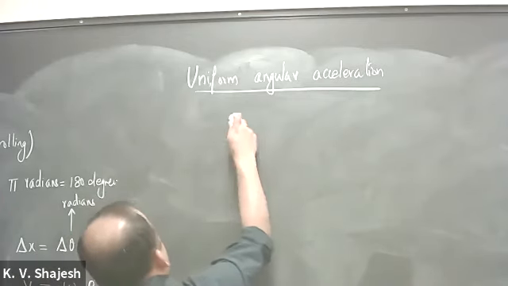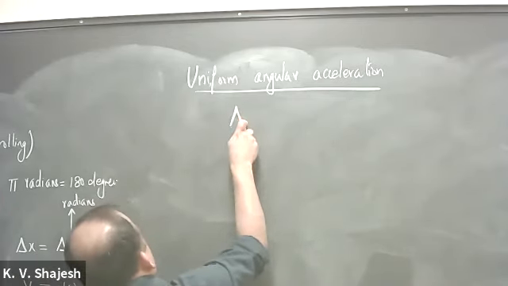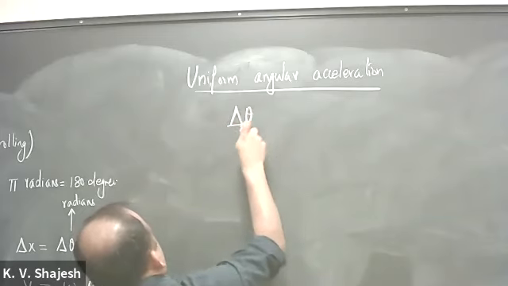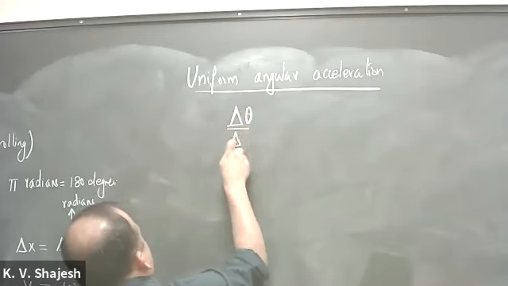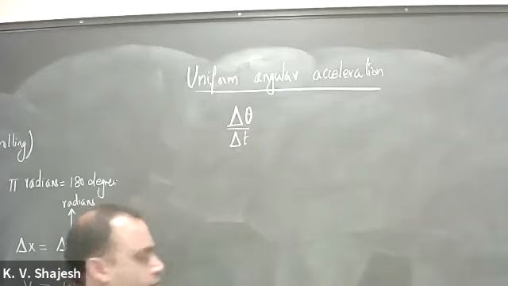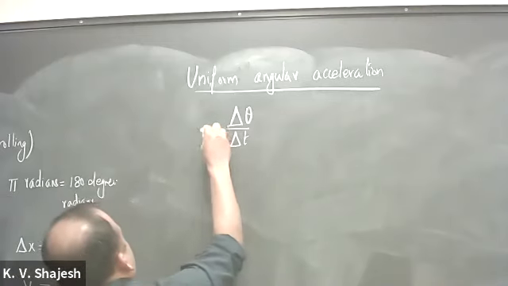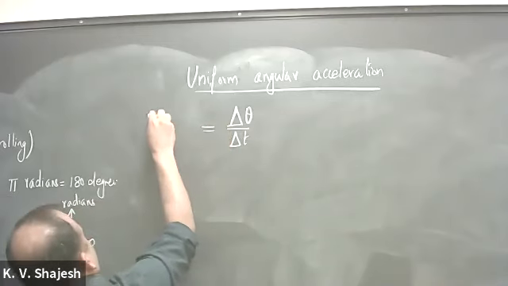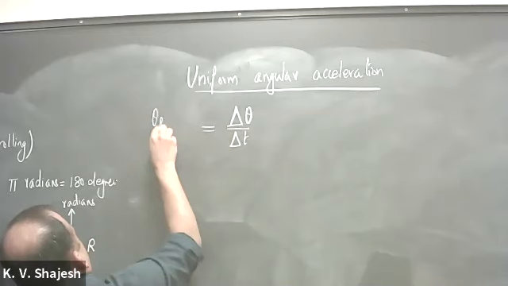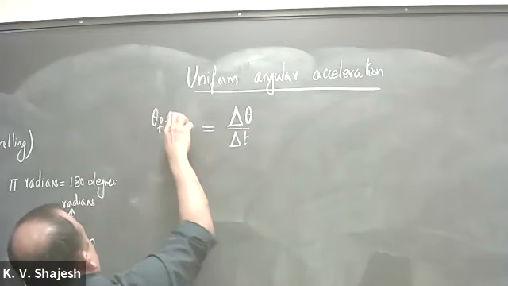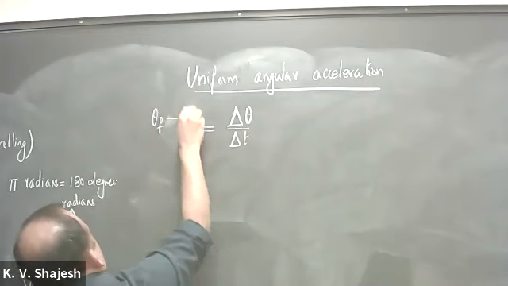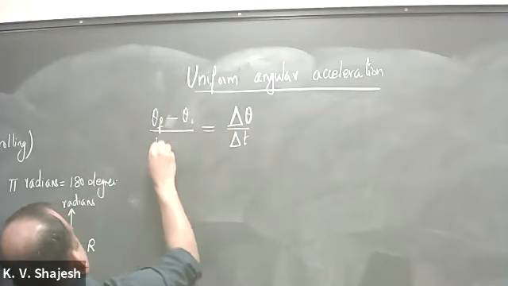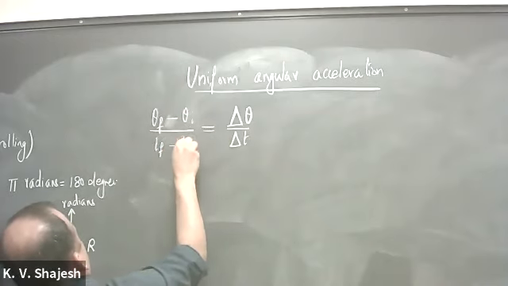And only if it is uniform acceleration, you can say delta theta over delta t. Notice this is not d theta over dt. This is the change in angles over change in time. Just for me, let me write this once. So this is theta final minus theta initial over t final minus t initial.